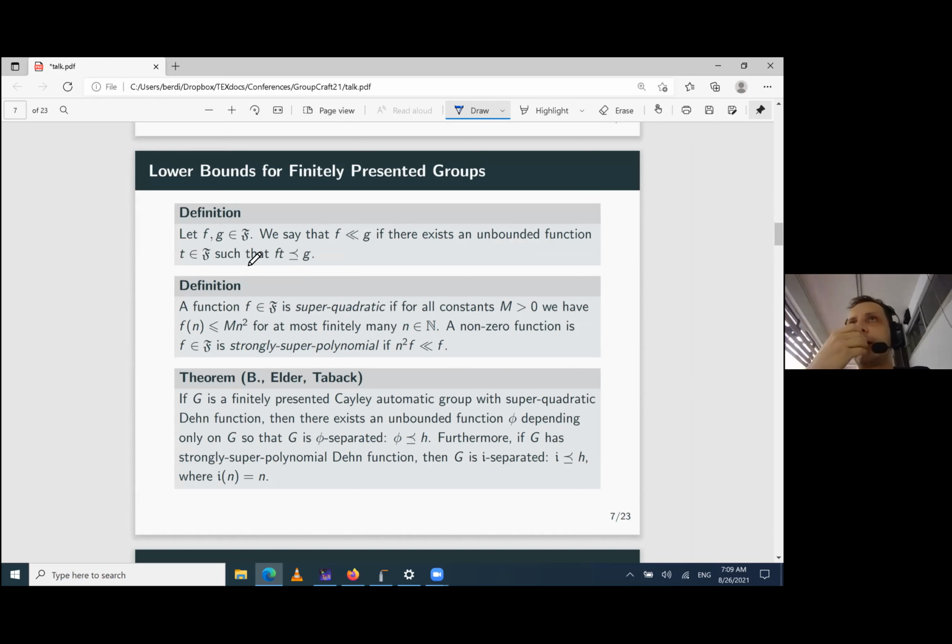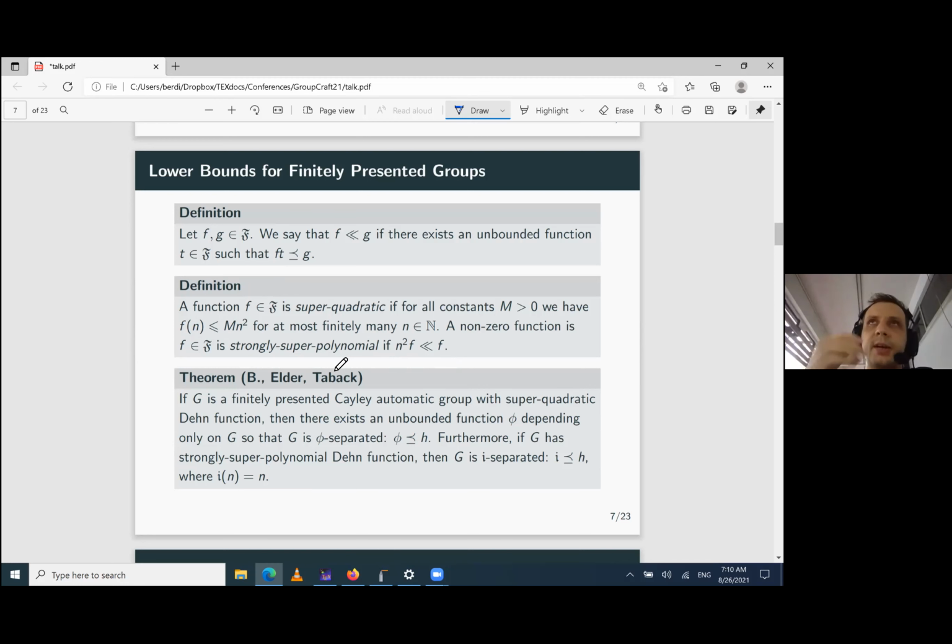So you can look at the lower bound for this Cayley distance function in a coarse sense. Here we have the following results. But of course, you need to make some assumptions about the growth of the Dehn function. So for example, if you assume that your Dehn function is superquadratic, so you can see the definition here, then you can construct a function.